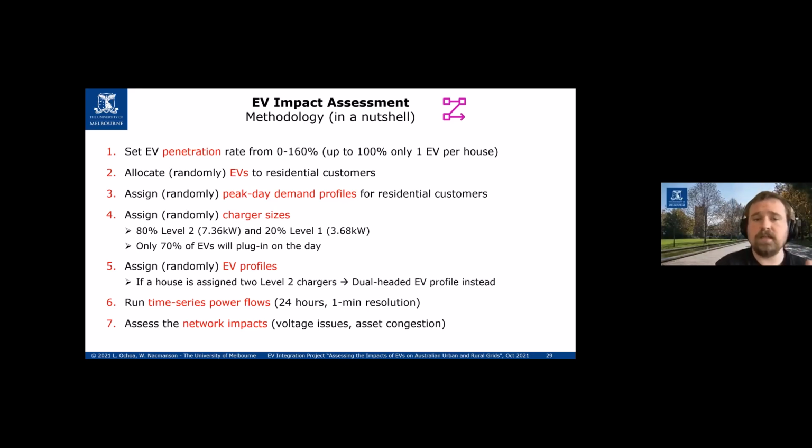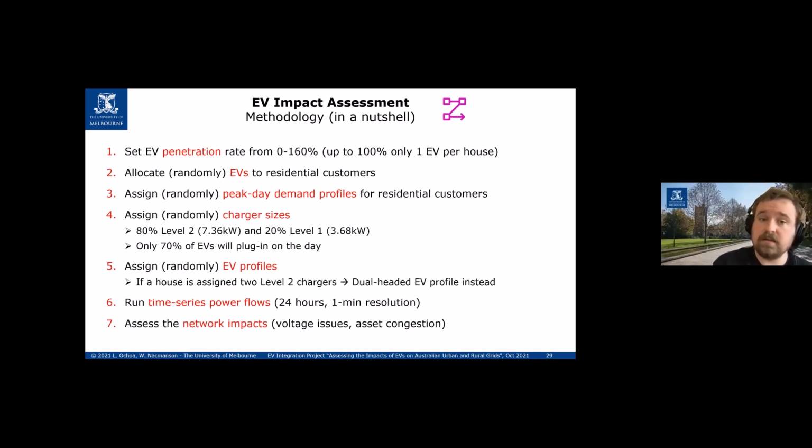And then importantly, we want to allocate these EVs, and that's done randomly within the pseudo LV feeders. As we saw in the topologies earlier, there are lots of LV distribution transformers, so the EVs are distributed randomly within those transformers, but also across the transformers. We then assign the demand profiles for the residential customers.